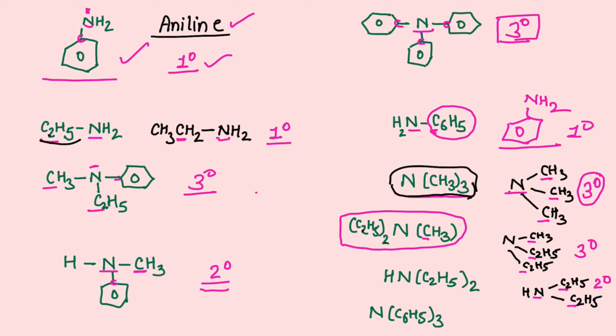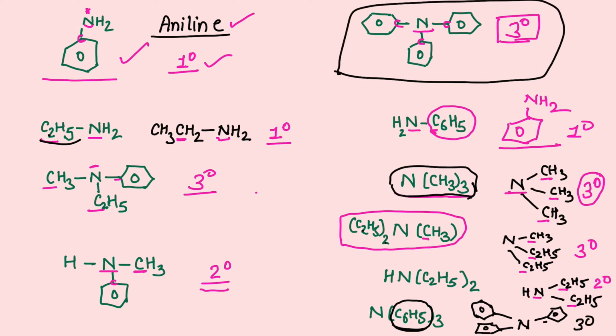Okay, now the last thing: nitrogen over here is attached to 3 C6H5. You know very well C6H5 is nothing but the phenyl ring. So basically it is the same molecule that we have discussed earlier. Like this, 3 rings would be attached to the nitrogen and it would be 3 degree. It is the same example that we talked about earlier as well.